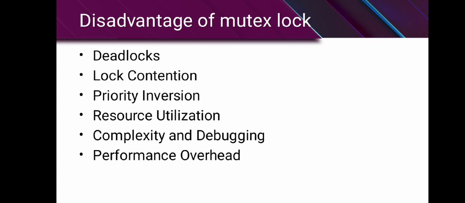Priority inversion: high priority tasks waiting for low priority ones holding locks can lead to unexpected delays. Resource utilization: overusing locks can make threads spend more time waiting than doing useful work. Complexity and debugging: implementing locks adds complexity, and mistakes can be hard to find and fix. Performance overhead: using locks comes with some extra work, and too many can slow down the program.